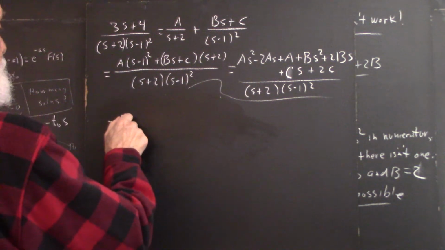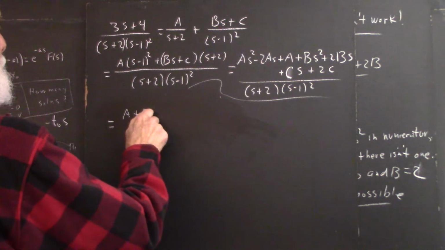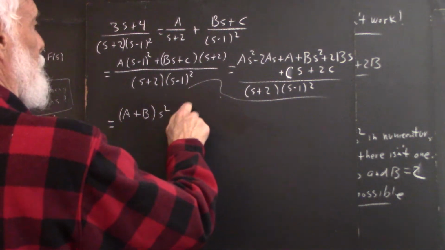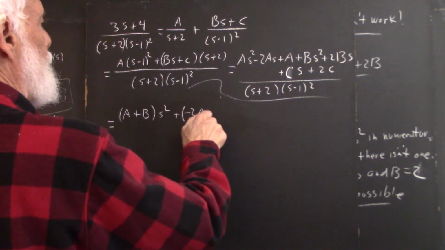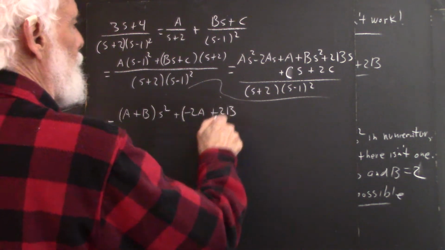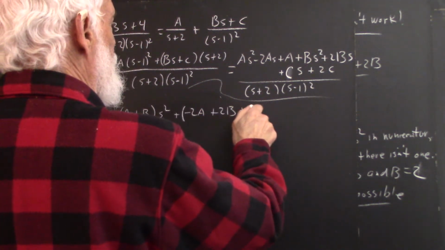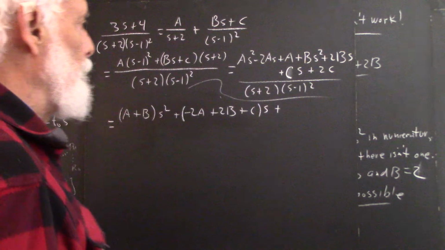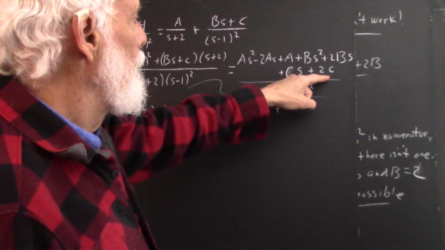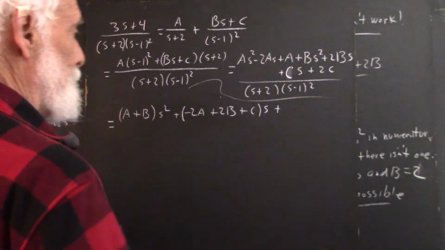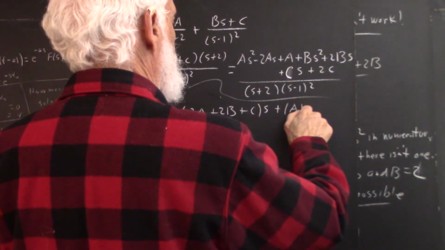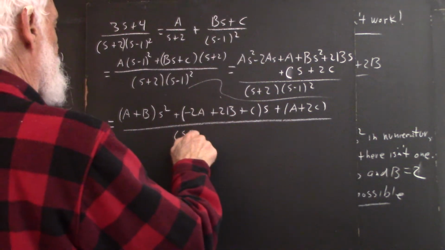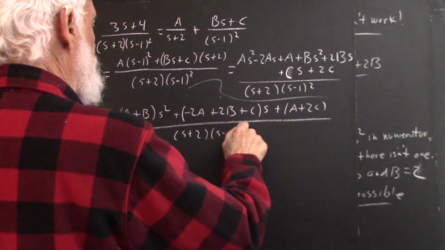Okay, so this equals A plus B S squared plus negative 2A plus 2B plus C times S. And then it'll be plus A plus 2C, right? All this over S plus 2 times S minus 1 quantity squared.